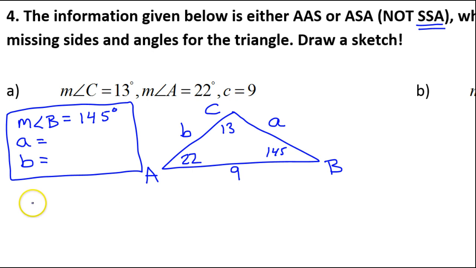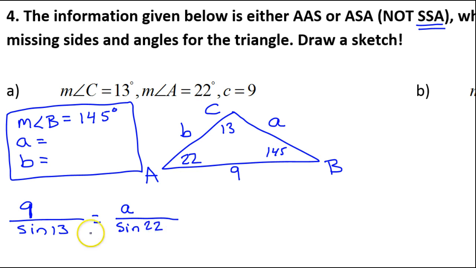So I'm going to say 9 over the sine of 13 degrees is equal to side A over the sine of angle A, which is 22 degrees.